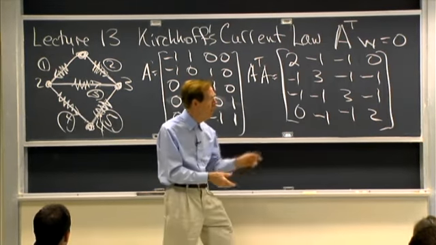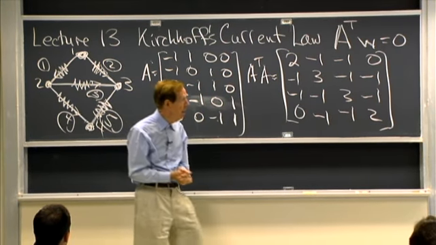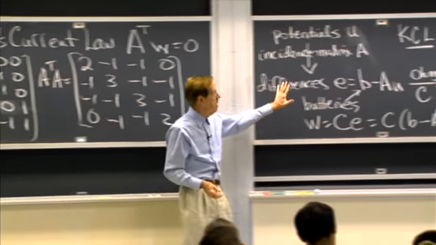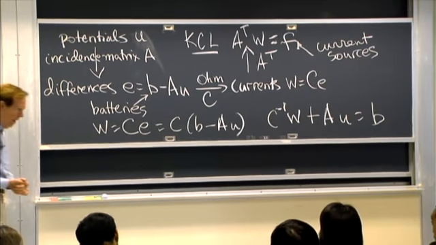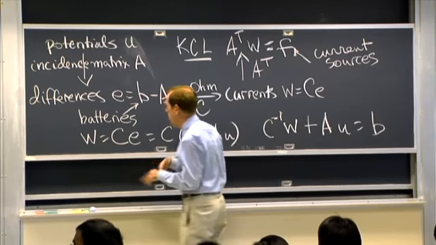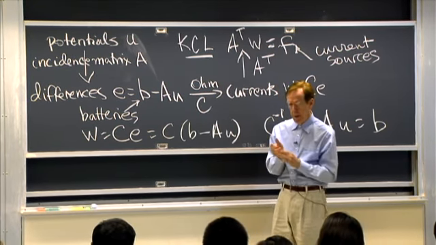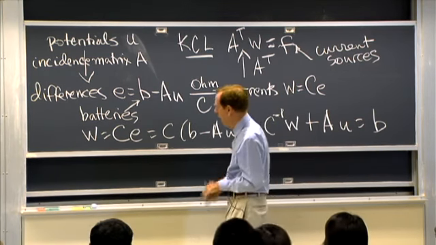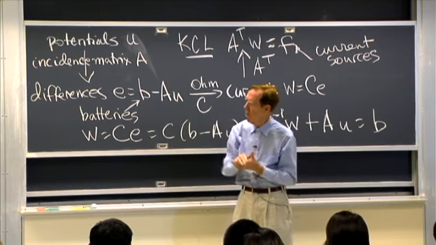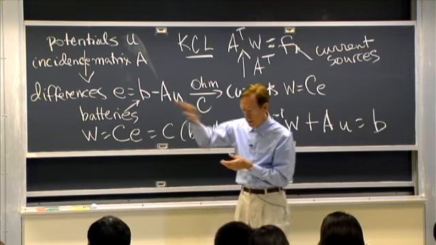So before I get to A transpose, there's a little more to say about this part I had written down last time. What I want to continue with is the source terms. I put in this B, but I didn't draw anything on the network.